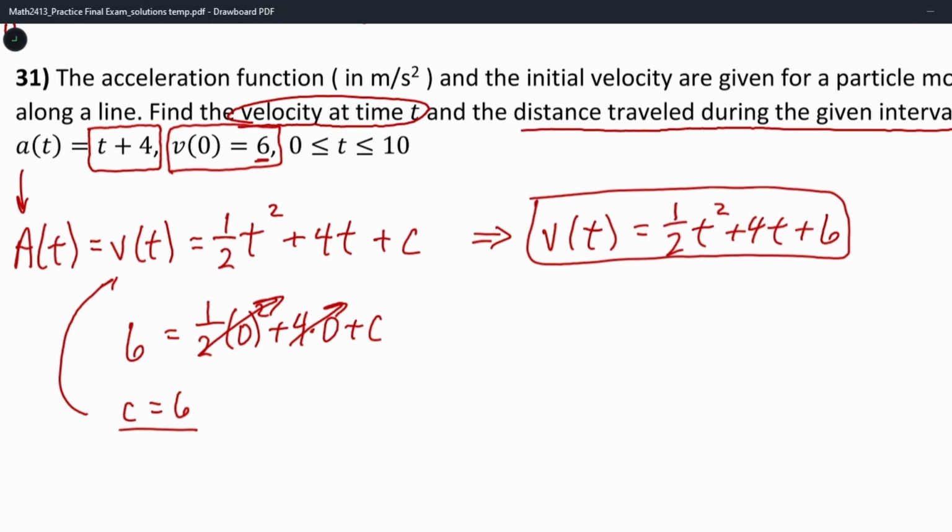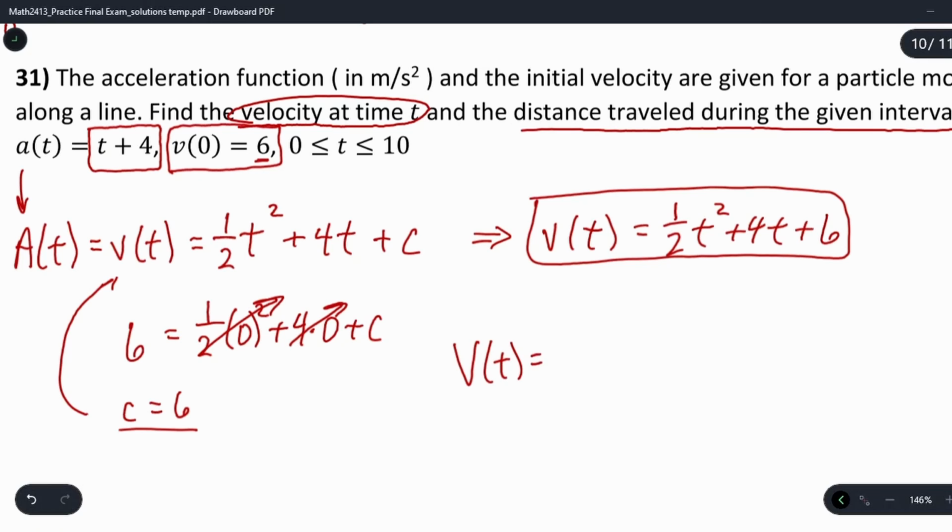And then to find the distance traveled, we need the antiderivative of velocity. So capital V, the antiderivative of velocity, will give me the distance or position equation, call it s of t, and then we need to do an antiderivative again.